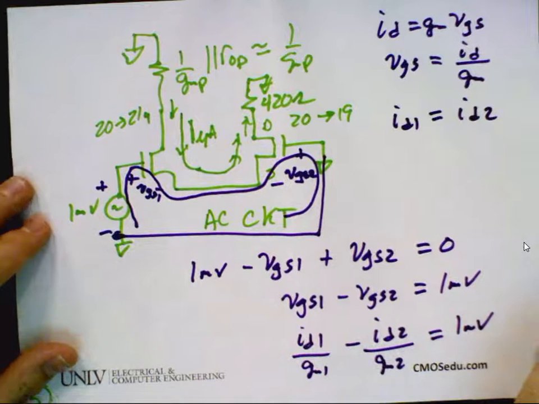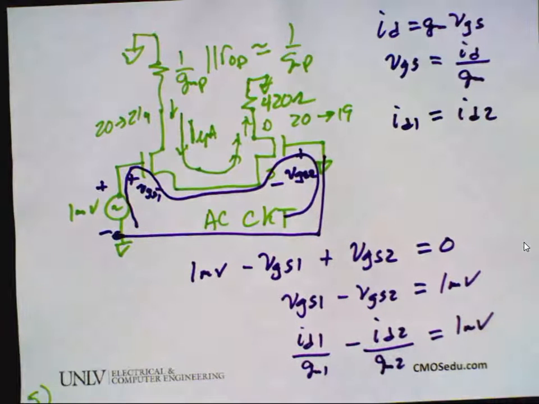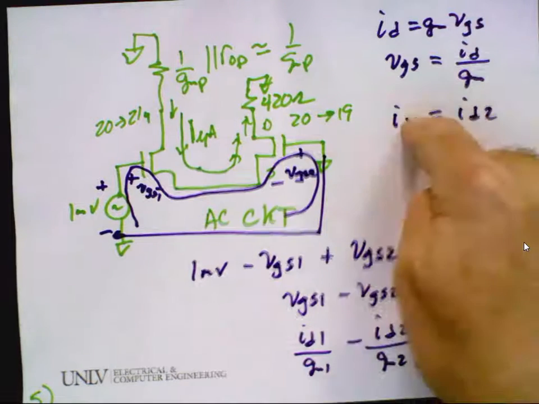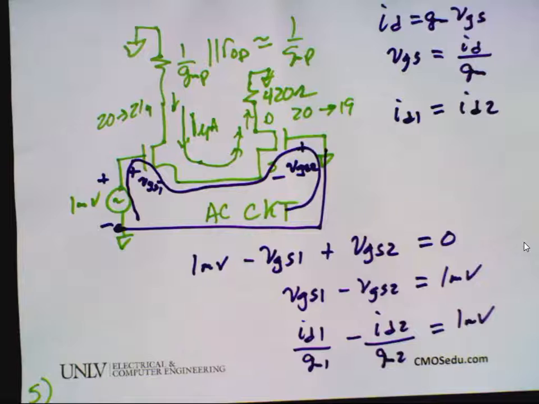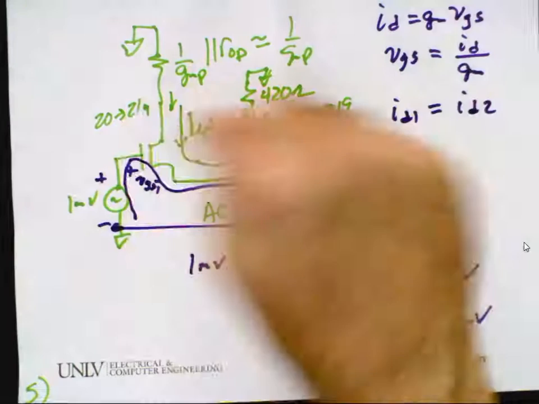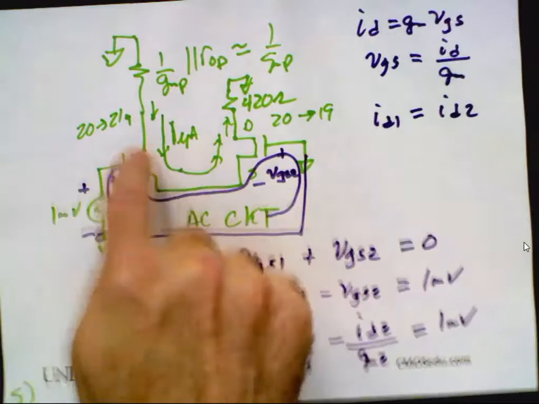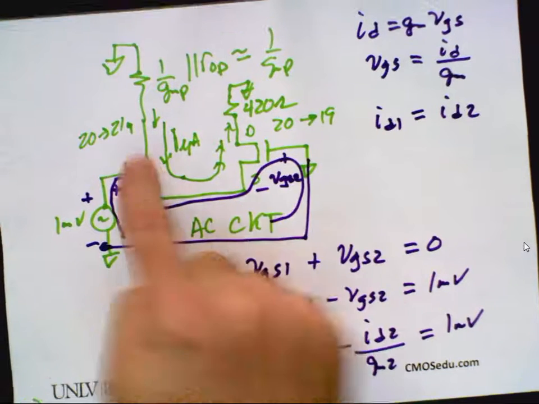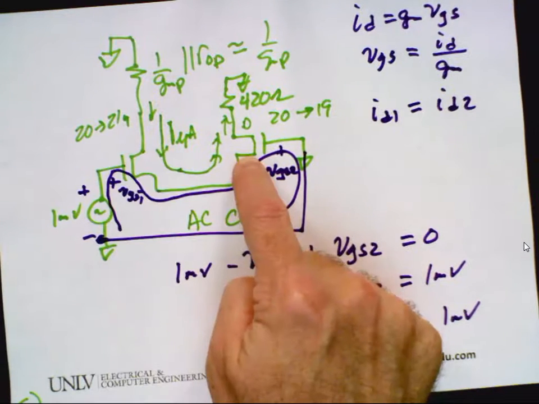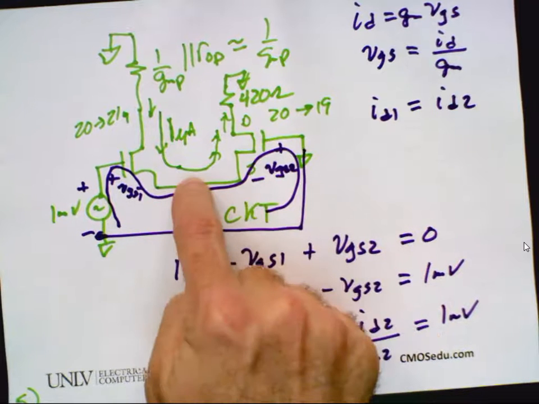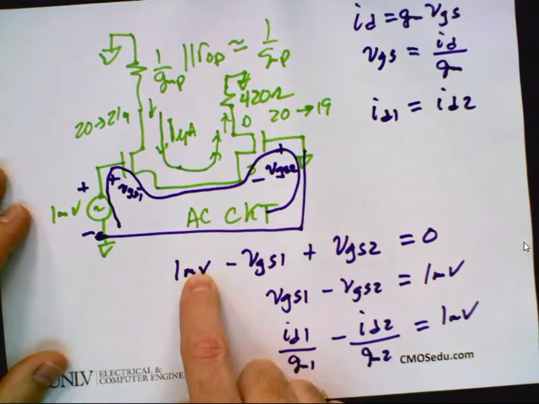So let's pause on that one. Someone asks you, you go to a job interview at Linear or wherever, and they ask you, why does ID1 have to equal ID2 in this diff amp? Here, why does this current have to be equal and opposite to this one? It's very easy. If the current in this one goes up or down, you have to have an equal and opposite amount of current in this one, because the current that leaves both transistors has to sum to a constant, in this case 40 microamps.